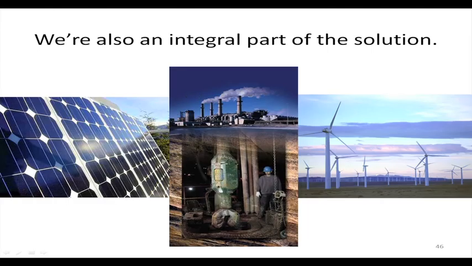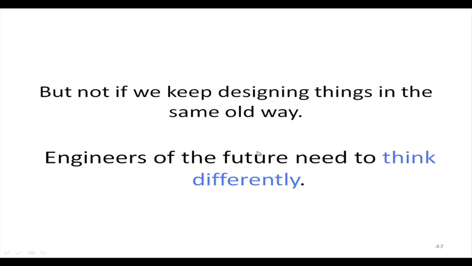Here you see some renewable energy and all that. We cannot keep designing things in the same old way. We have to start thinking differently. From the next video onwards, we'll look at what we need to think about differently, starting in the second week. The next video will talk about water demand and all.